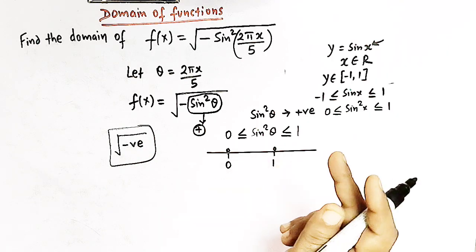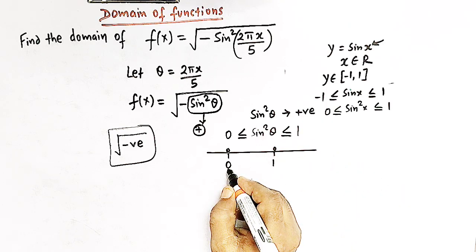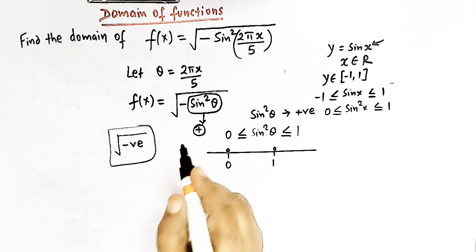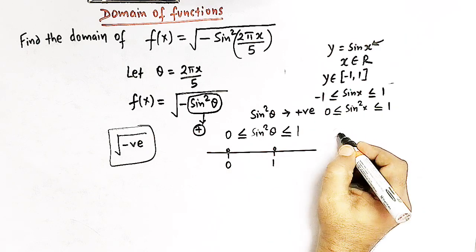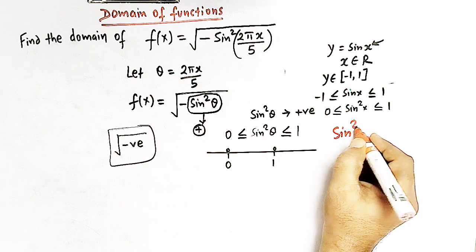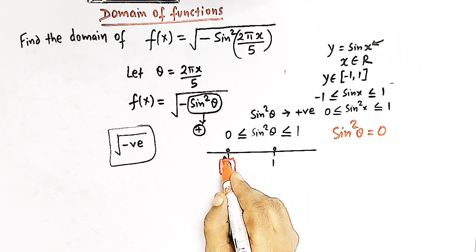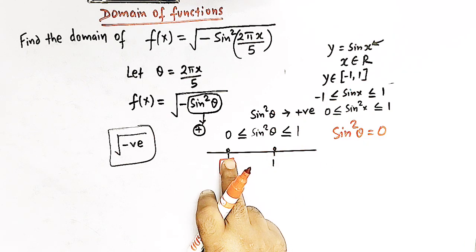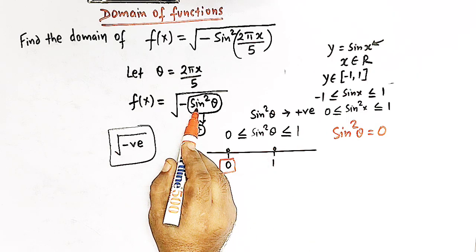So we have to exclude all the values of sine square theta which lie between 0 and 1 except 0, right? So here the only possibility is that sine square theta must be equal to 0. So we take sine square theta is equal to 0, and we cannot take any number lying between 0 and 1 in this expression, right?